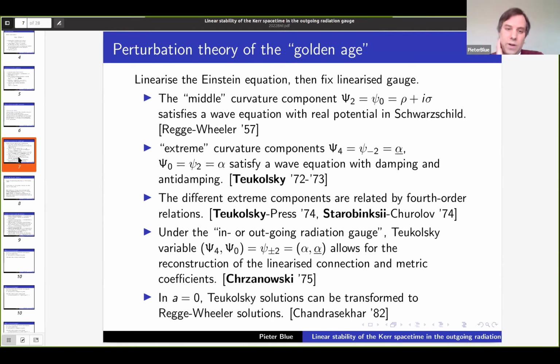And a year after that, Chrzanowski, you'll have to excuse my pronunciation, introduced what you might call a linearized gauge called the ingoing radiation gauge or the outgoing radiation gauge, depending on whether it's based on the outgoing or the ingoing principal null vector, and used this to reconstruct all the metric and connection coefficients from the 2 Teukolsky variables, the extreme curvature components.